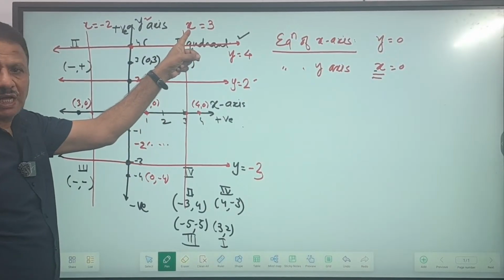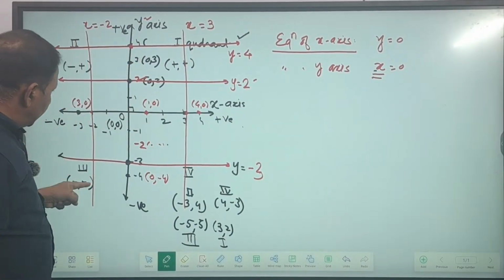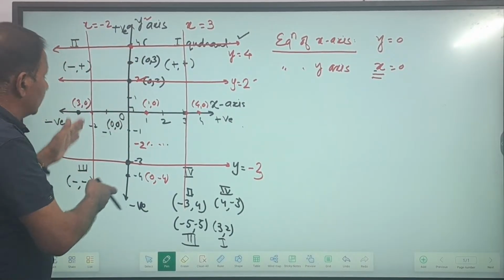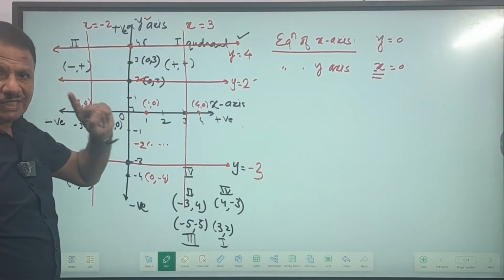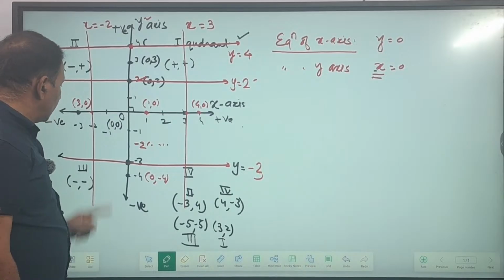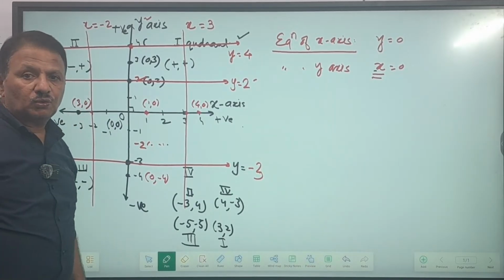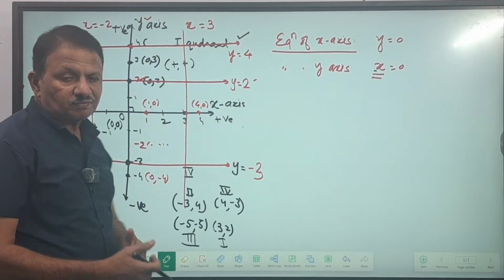Therefore, the equation of this line will be x is equal to 3. Similarly, this line is parallel to the y-axis. Therefore, the equation will be in terms of x. X is equal to minus 2, because it is cutting the x-axis at minus 2. Therefore, the equation of this line is x is equal to minus 2.